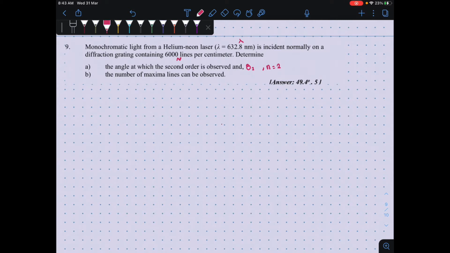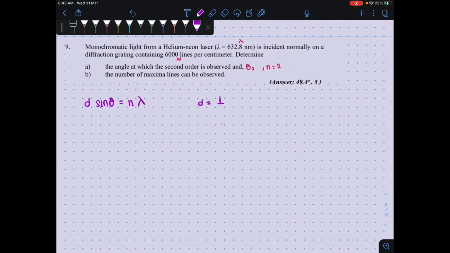Okay, so now we are going to calculate the first question first. With what we have here and what we are looking for, the only equation that we have is d sine theta equals n lambda. So we are looking for theta. We know the number of order and we know the wavelength. So we have to find the d first. You have to deduce your d.